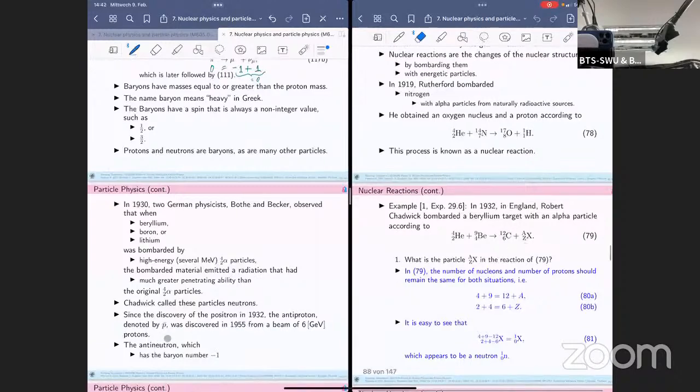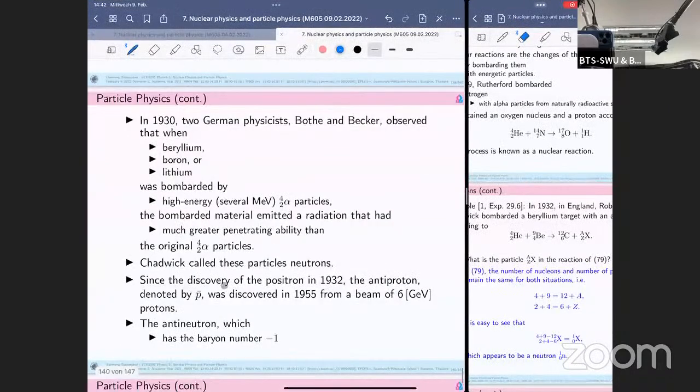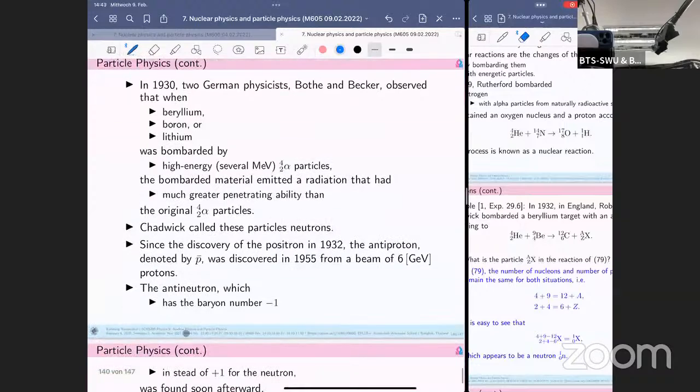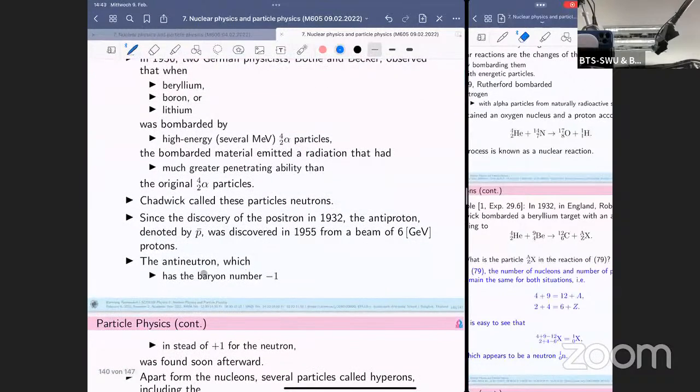And that's the time, in the 1930s, that people discovered the neutron. Then 23 years later, the antiproton was discovered, and by using a beam of 6 giga-electron volt protons, the antineutron, which has baryon number -1 instead of +1 for the neutron, was found soon afterwards.